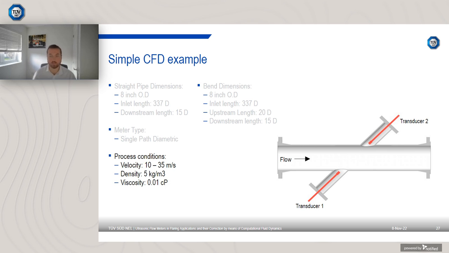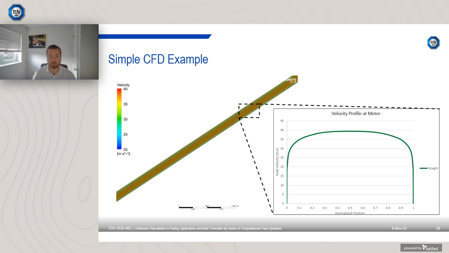Looking at these results then, for the case with just a straight pipe, taking the velocity profile at the location of the meter, we can see that the velocity profile is as expected. There's obviously no disturbance in the flow.